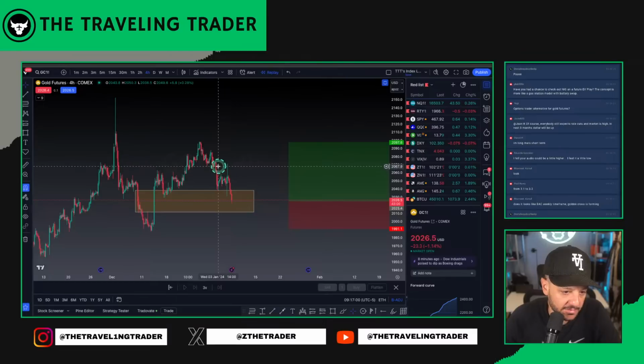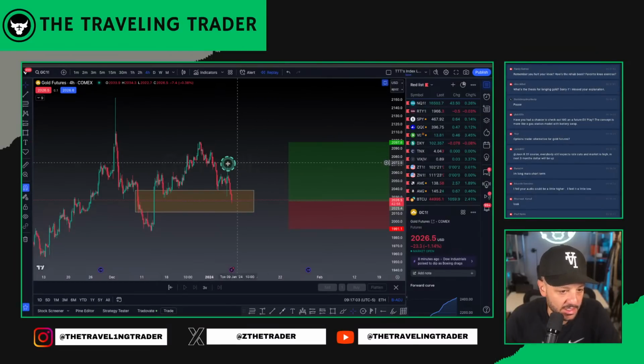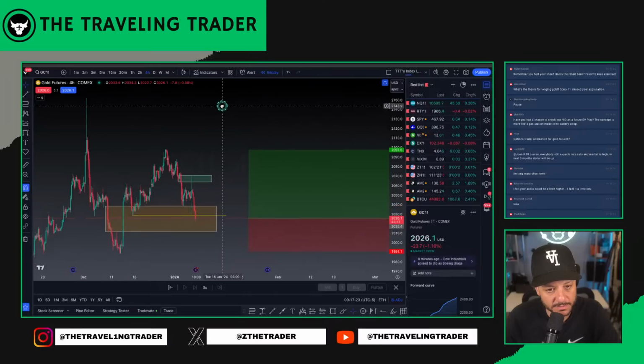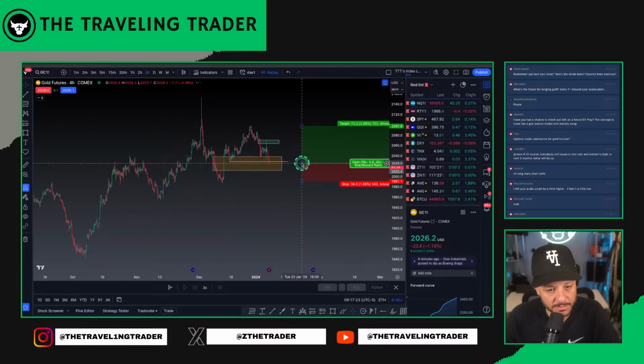So we have internal range liquidity here on the 4-hour. And then external range liquidity here that it already took into a nested fair value gap. I might take this long, guys. I might stagger this to get a better risk to reward.